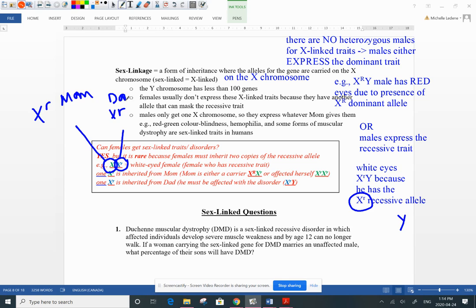So she has to get 2 copies of the recessive in order to get the sex-linked recessive. So her mom either has to be a carrier, passing the recessive allele on to her daughter, or mom herself is affected with those white eyes. And obviously dad must be affected as well because he has that recessive allele.